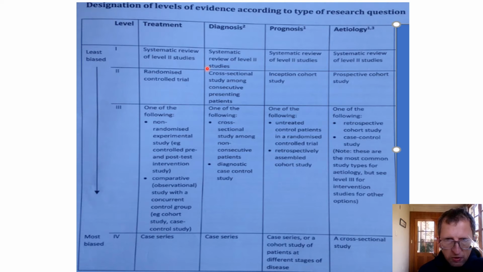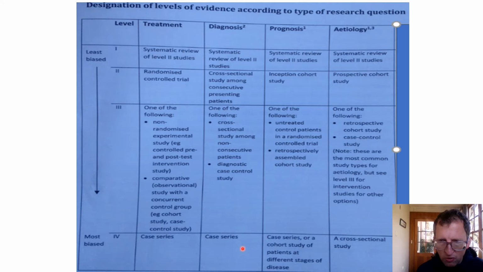But I also pointed out that PICO, by the mnemonic, only represents the group where you're looking at a treatment question, and that we have to vary the PICO for these other question types. So if it's a diagnostic question, the I actually becomes the test you're interested in, the gold standard is the C, and the outcome is sensitivity and specificity.